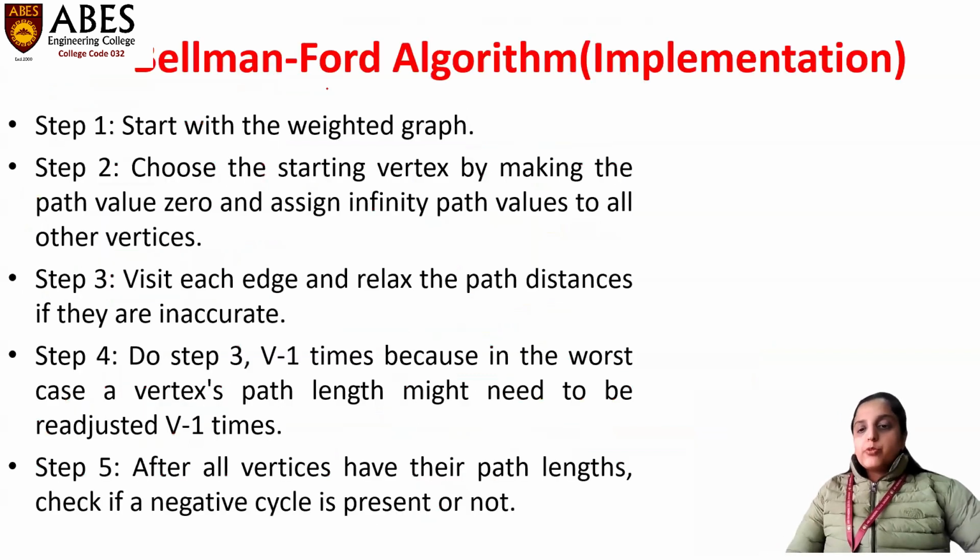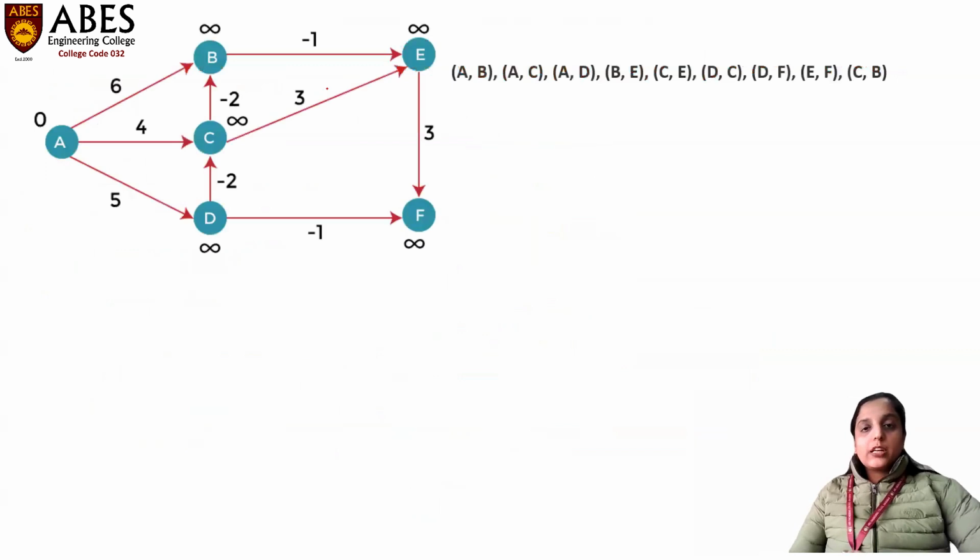So now the Bellman-Ford algorithm comes into the picture. These are the implementation details of the Bellman-Ford algorithm that we're going to do once we solve the numerical. This is the numerical that you can get in your university exam. So let's start with the question.